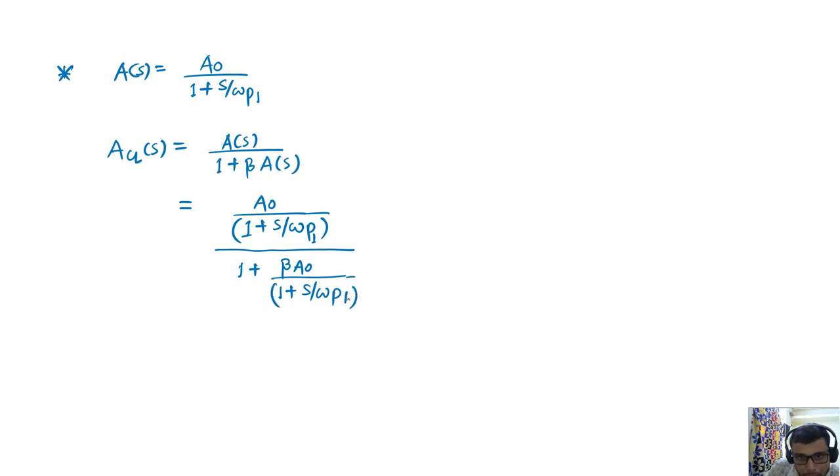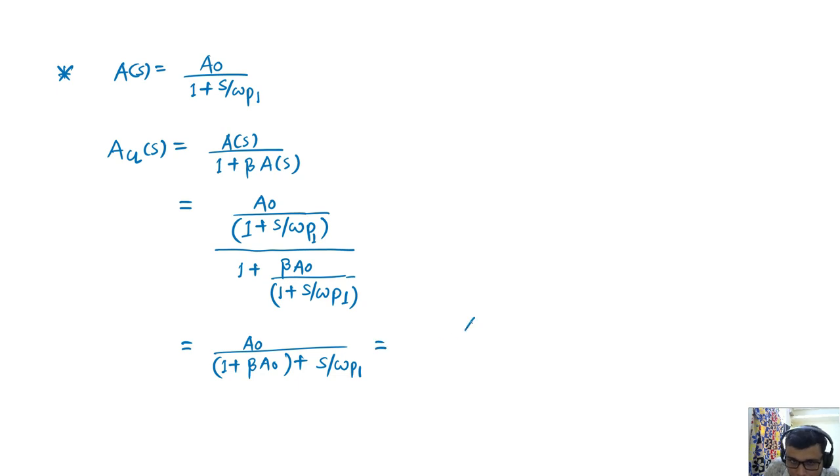It is not part of this discussion, but I am just discussing it extra here. A naught divided by 1 plus beta A naught plus s upon omega p1.